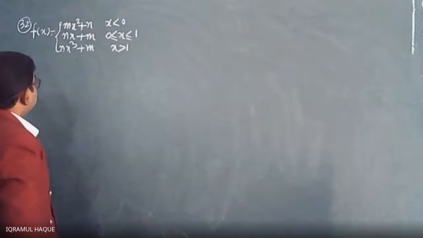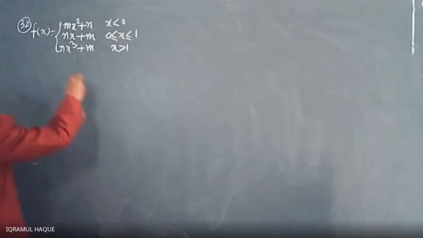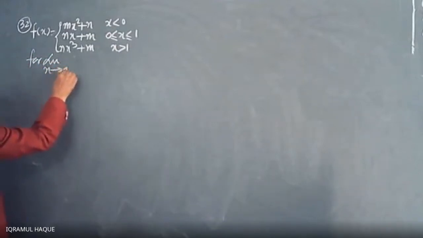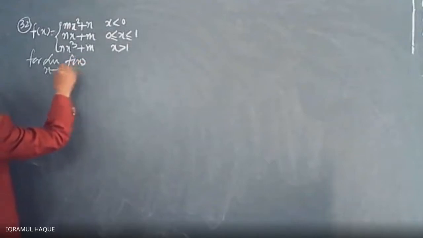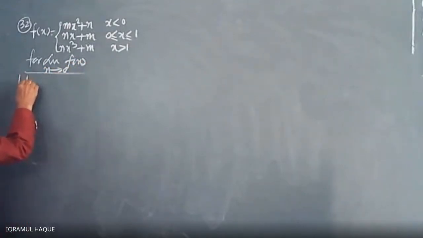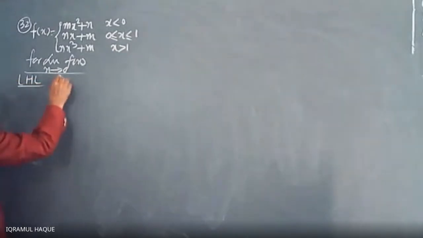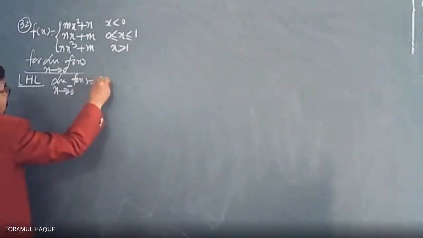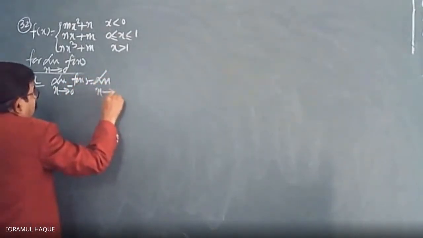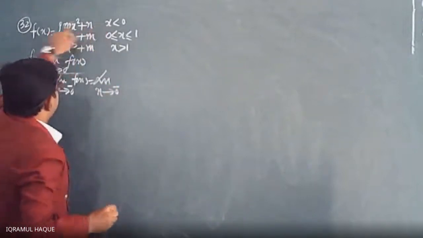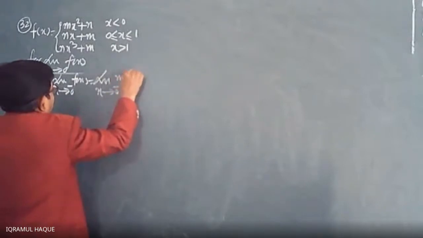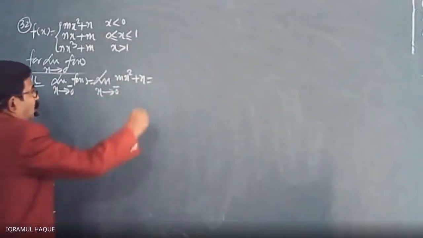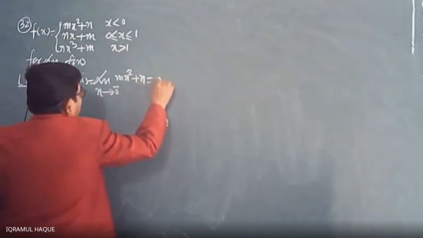So for limit x tends to 0 of f(x), LHL: limit x tends to 0 minus of f(x), where x is less than 0, we have mx square plus n, and if you put x is equal to 0, we have the value n.